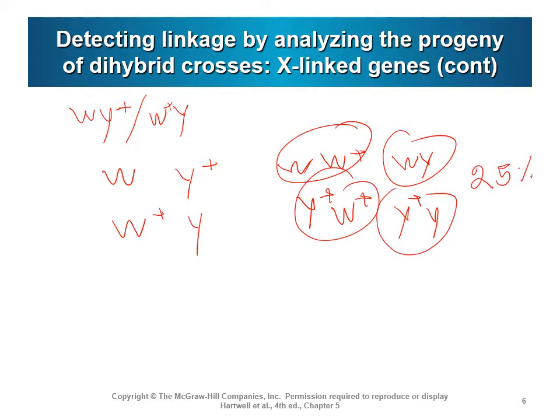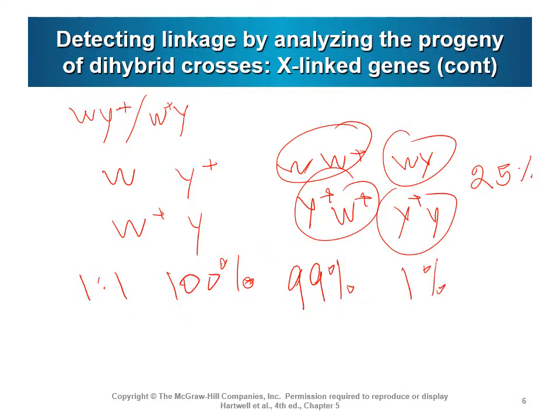But since they are segregating together, the probability is 1 to 1, so it's 100%.